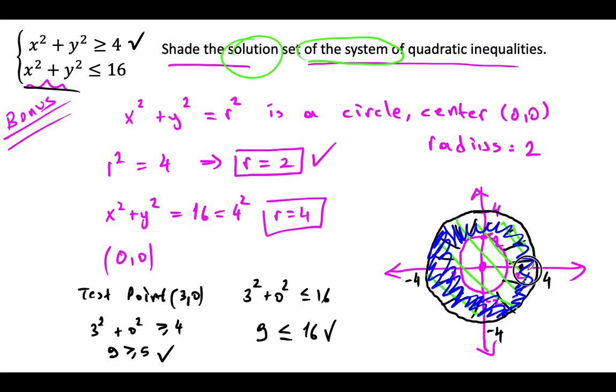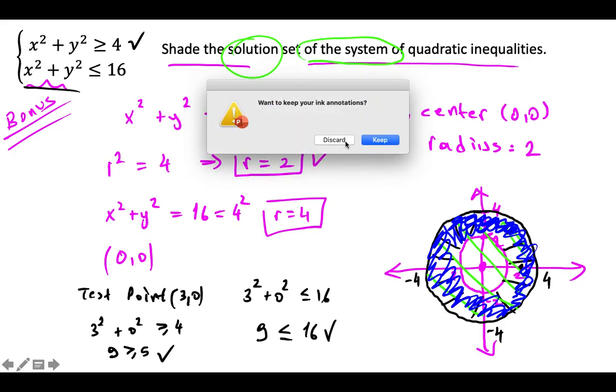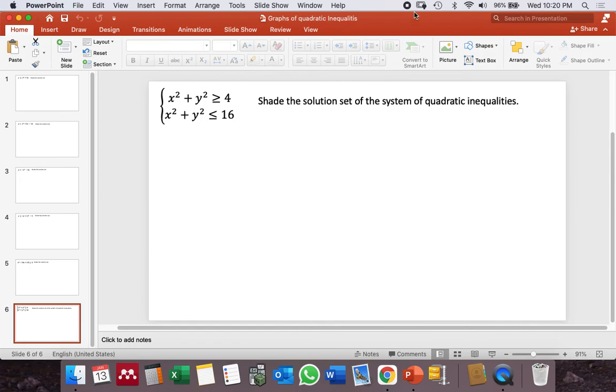I think yes. This is the solution: inside of the big circle, outside of the small circle. That's the answer to the question. This last question is not so important for your final exam, but as a bonus question I think it's good to know. All the best.